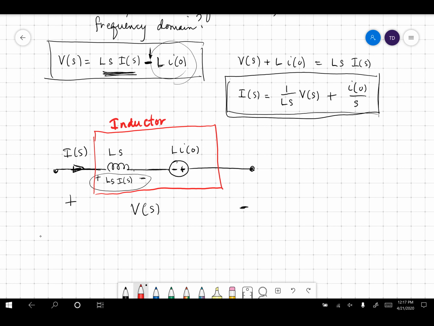It's the initial condition and the inductance. Both of them, of the inductor. And so I have I of S. Notice I of S is going into the big box, the inductor, and V of S is the voltage across the big inductor. So that's one way to look at this.